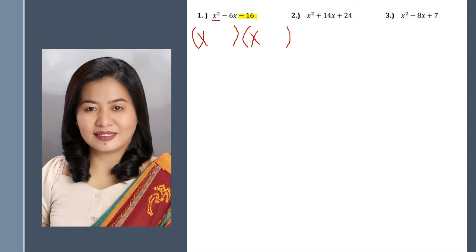So what are the factors of negative 16 that give a sum of negative 6 or a difference of negative 6? You can have factors of 16, so you list them down. It can be 1 and 16.